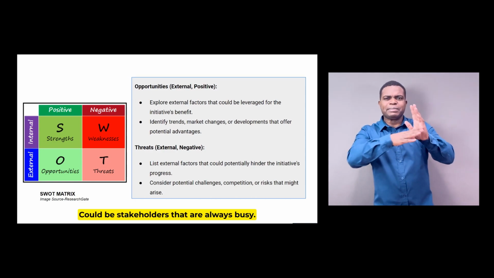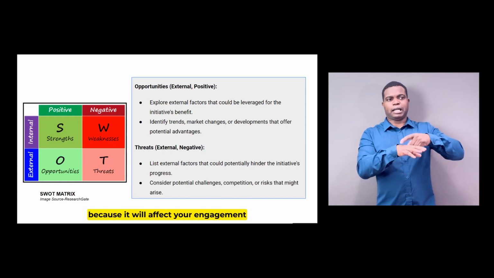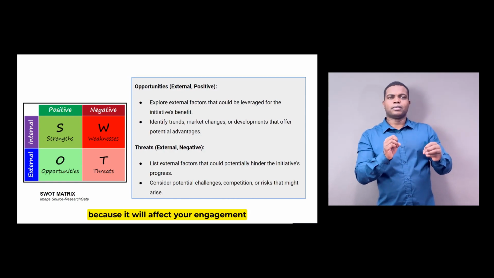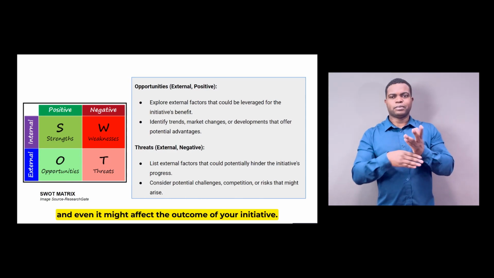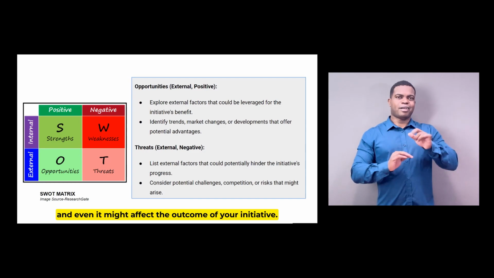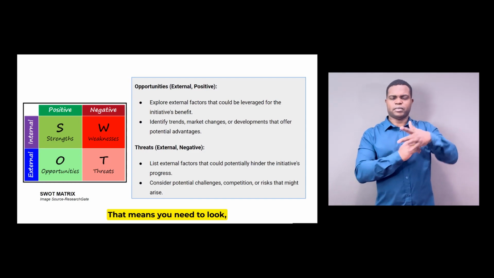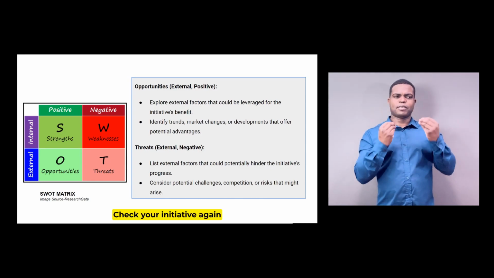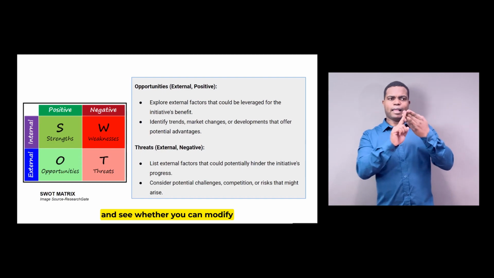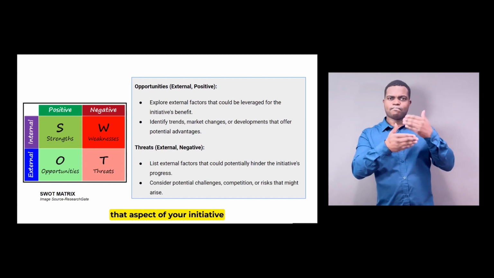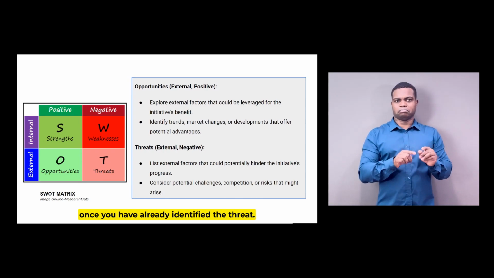Could be stakeholders that are always busy. It could be a challenge because it will affect your engagement, your communication, and even the outcome of your initiative. That means you need to check your initiative again and see whether you can modify that aspect of your initiative once you have already identified the threat.